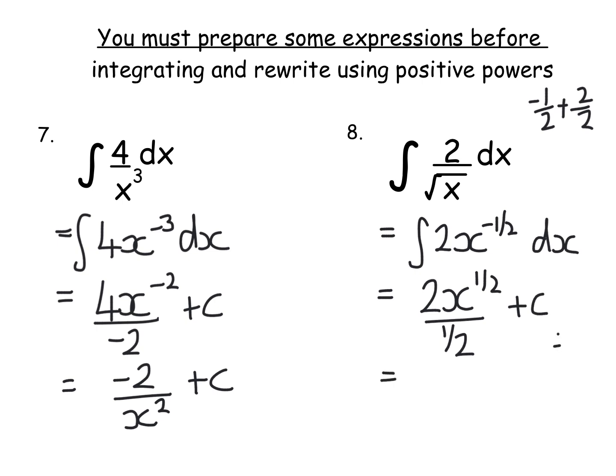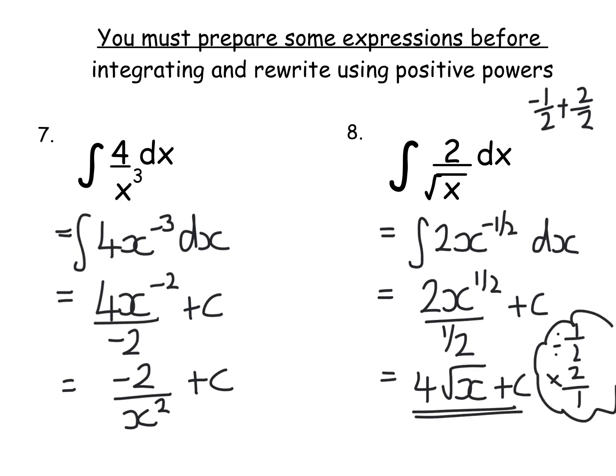Remember, dividing by a half is the exact same as timesing by 2 over 1. So that 2 comes up and you're doing 2 times 2 is 4. We don't need the over 1. I'm tempted to rewrite that back as 4 root x and get rid of the fractional powers. So I'll just put a wee bubble around that to keep it separate. Okay.